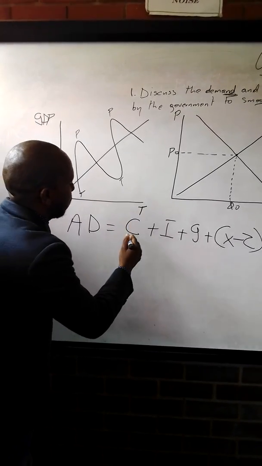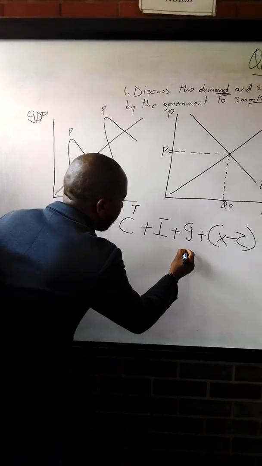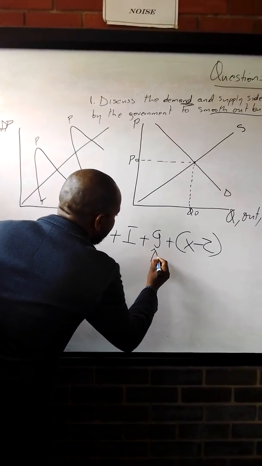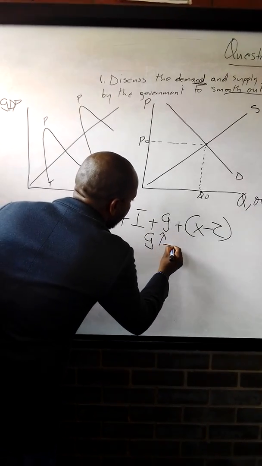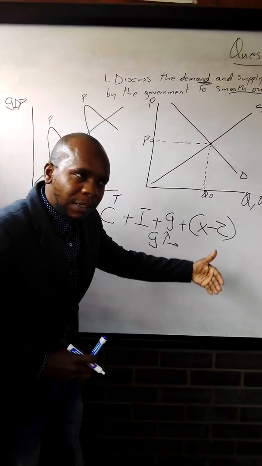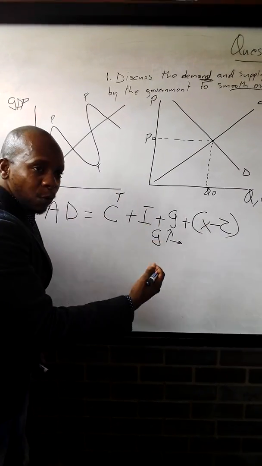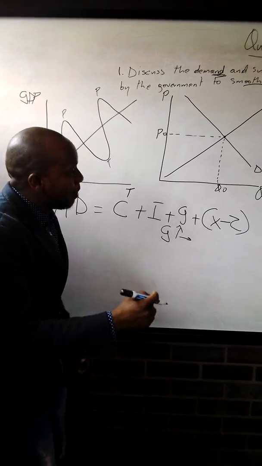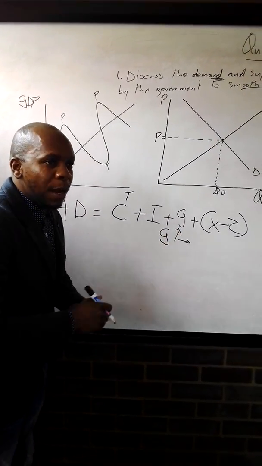Let's say that increase is on the government spending. When there is an increase in government spending, what's going to happen? The consumption spending in the economy will increase. The demand for goods in the economy will increase. The employment will increase. And eventually, the prices are going up.